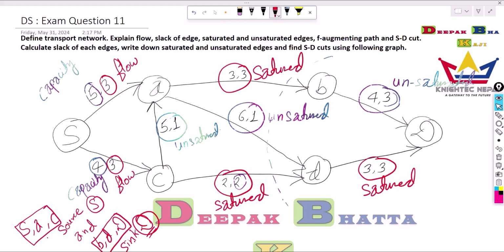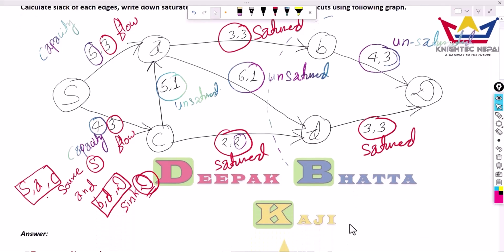I want to say that if you cut the source and destination, the value of the source and the sink part will be the same. Let me explain clearly here.